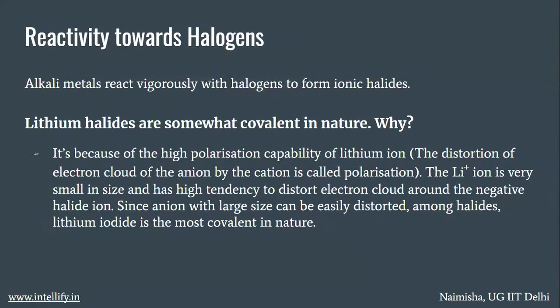Lithium ion is very small in size and has a high tendency to distort the electron cloud around a negative halide ion. Hence, among halides, the anion with large size can easily be distorted, and lithium iodide is the most covalent in nature.